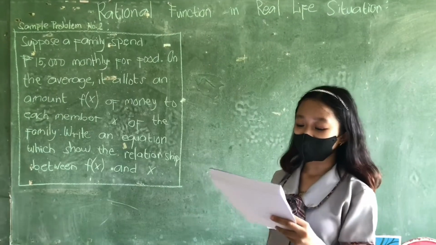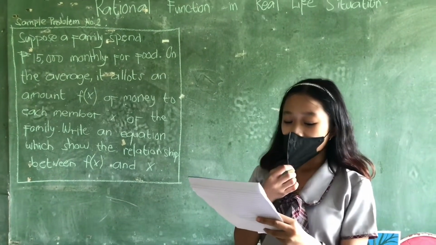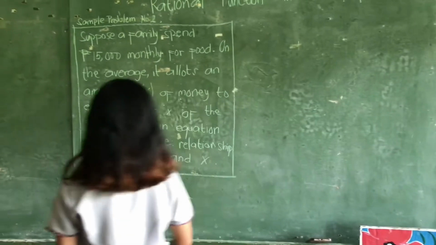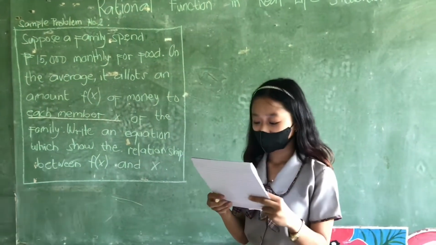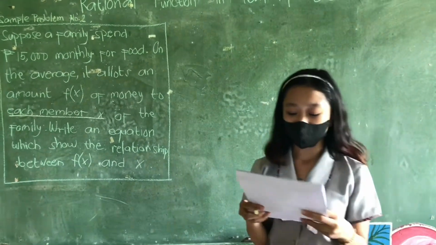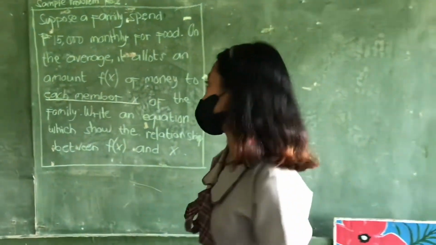So, in this particular situation, the independent variable is member x of the family, or the number of family members, while the dependent variable is f of x, or the amount of money spent for food of each family member.